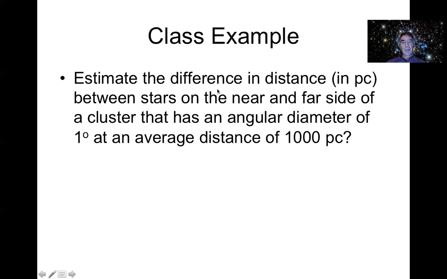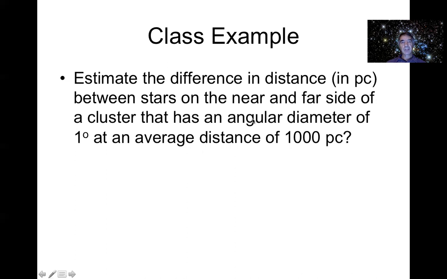So imagine you've got a roughly spherical cluster of stars that's all held together by gravity, perhaps. Obviously, some stars on the near side of that will be slightly nearer to us, and some stars will be on the far side of that cluster, slightly further away from us. So just do a little simple calculation.